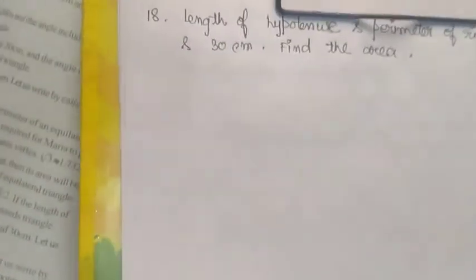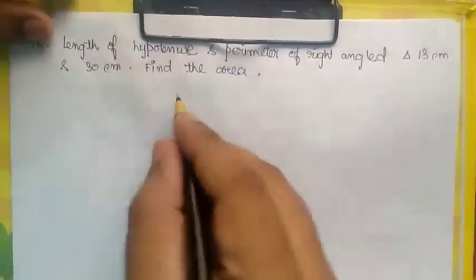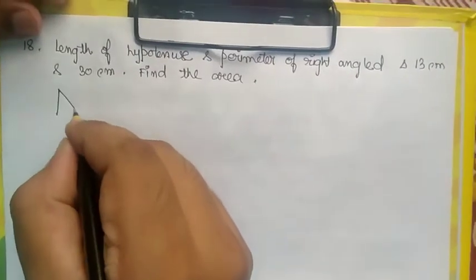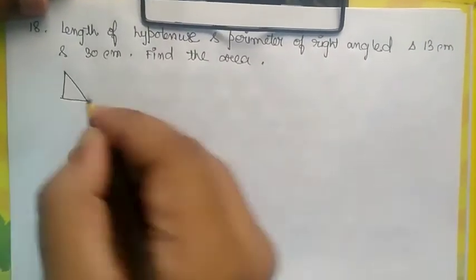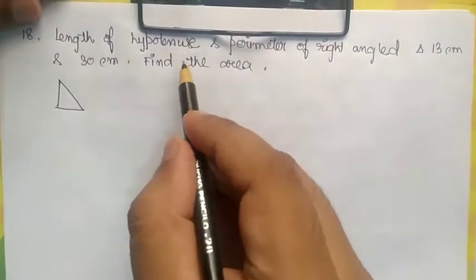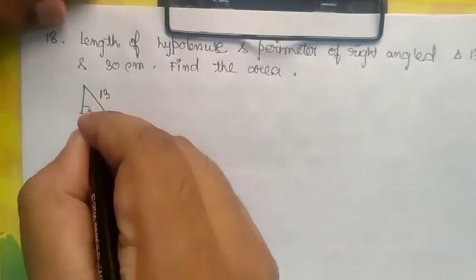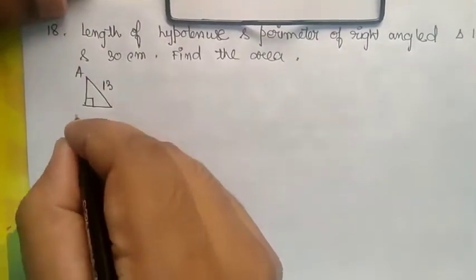So here, first we have to draw this one. Here we know that the hypotenuse is 13. So this is 13 and this is the right angle, triangle ABC.